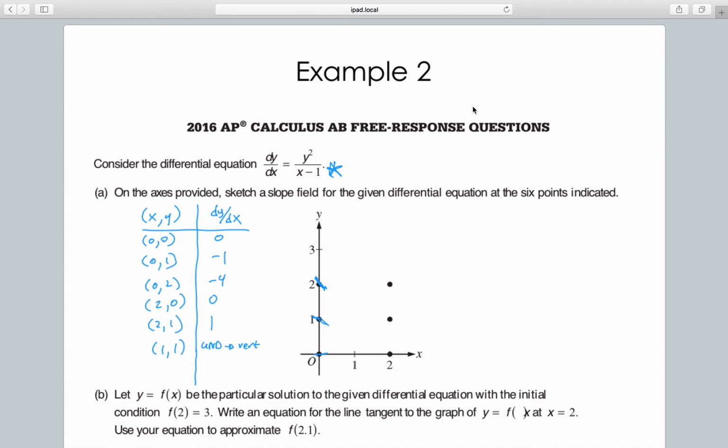But what you want to see is that my slope of negative 4 is steeper than my slope of negative 1, right? All right. So 2, 0, 2, 1, 1, 1, undefined, so I'm going to have a vertical slope there.